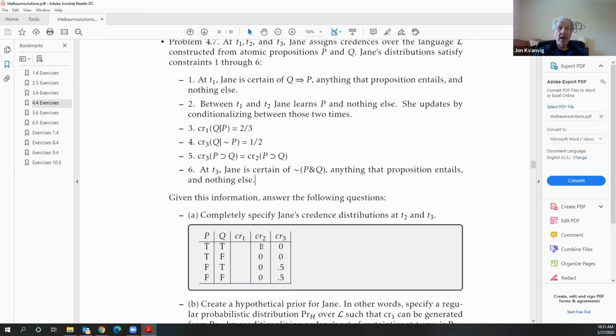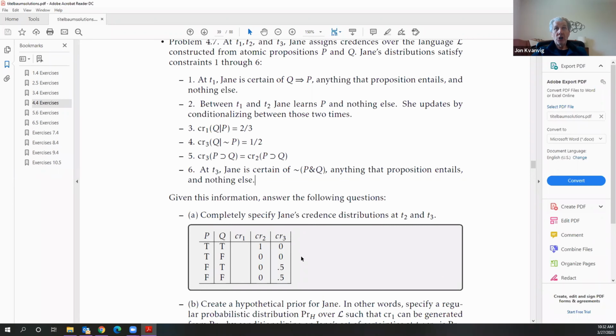And you can verify by looking at what the credences are that the credence at time 2 is certain of P and Q and of nothing else, and at time 3 equally split between not P and Q and not P and not Q, but 0 confidence in the other 2 lines of the truth table.